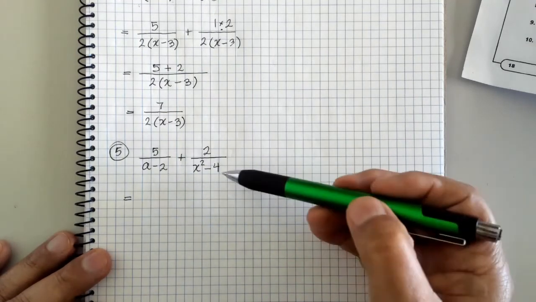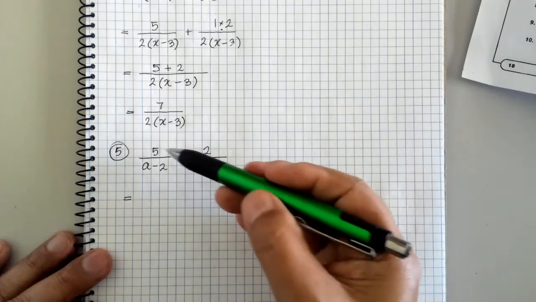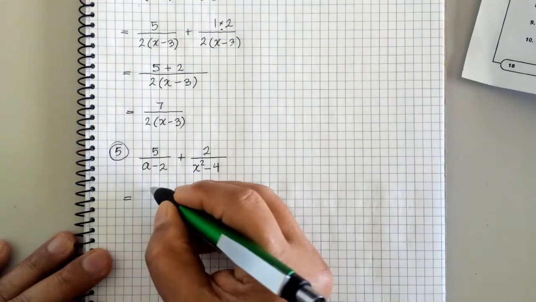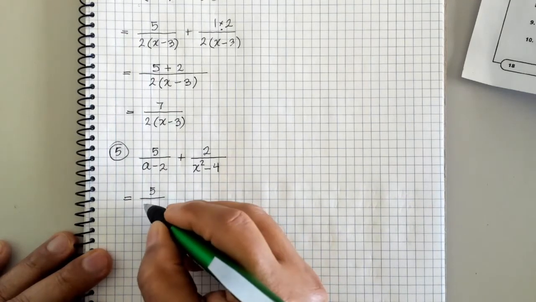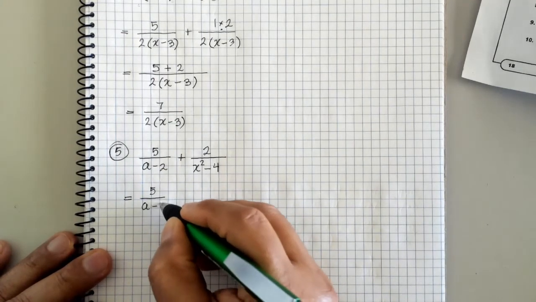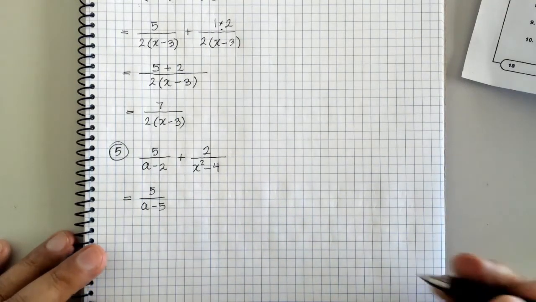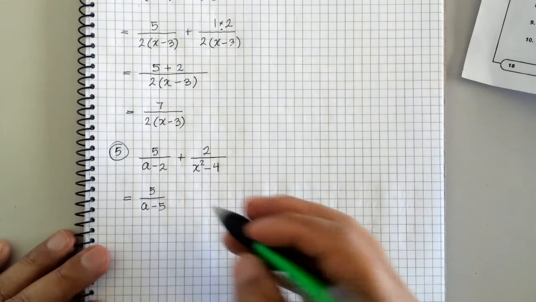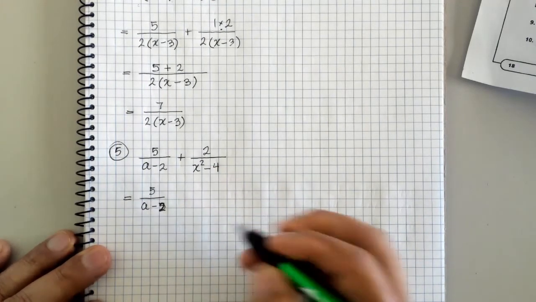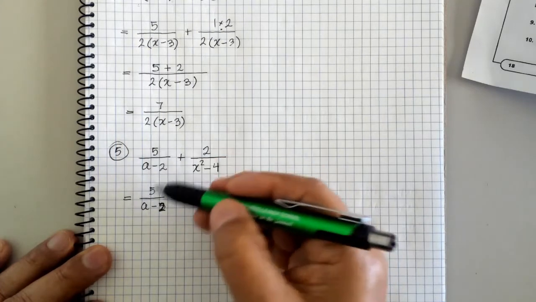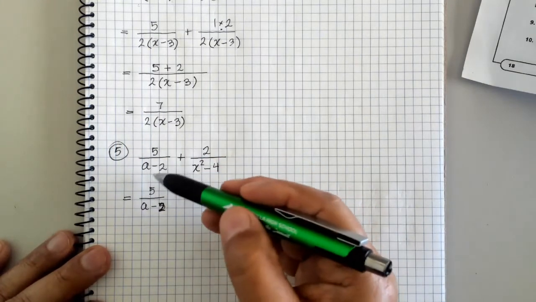So we're going to see if we can find factors. This one will still be the same because we don't have any other factor but 1. So this remains the same because we don't have any other factor. We don't need to take common factors.